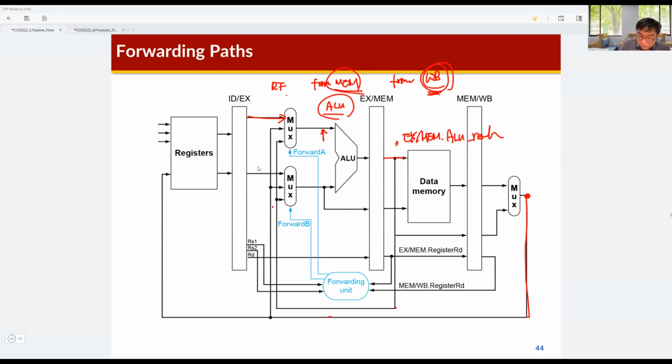So this path is forwarded to the ALU, and this result is also forwarded to the input of the ALU. So if this is A, and if this is B, and then this is A.